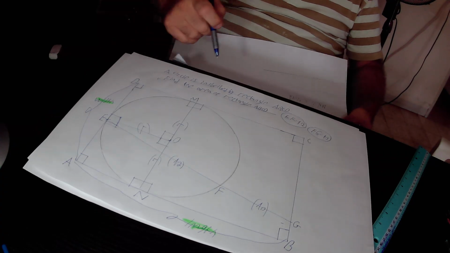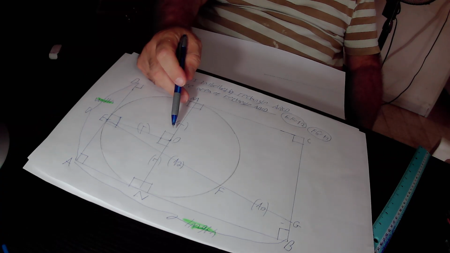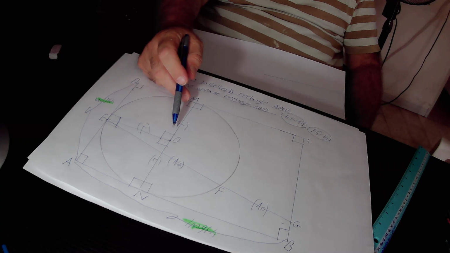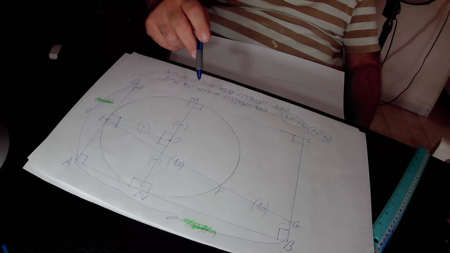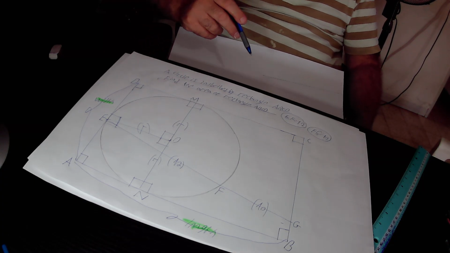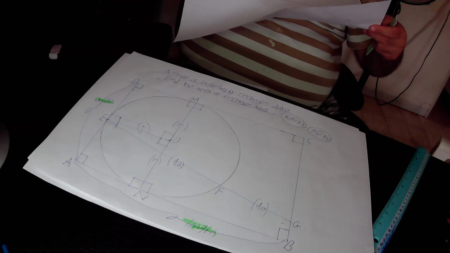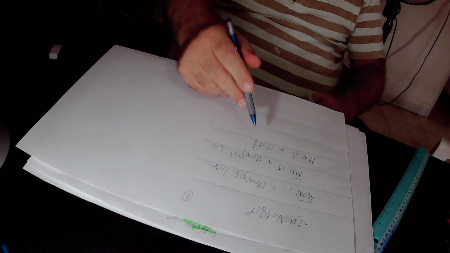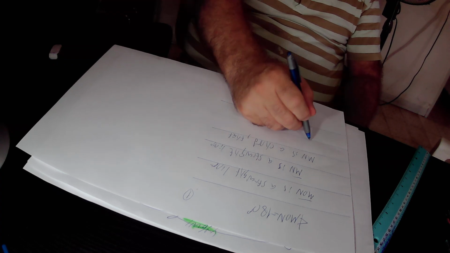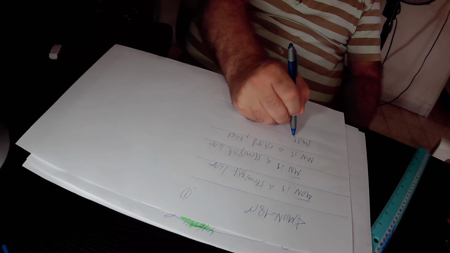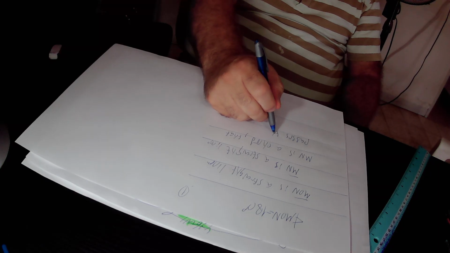But MN is a chord that passes through point O, that is the center of the circle, and we know that any chord that passes through the center of the circle must be the diameter of the circle. Therefore, MN is the diameter of the circle.